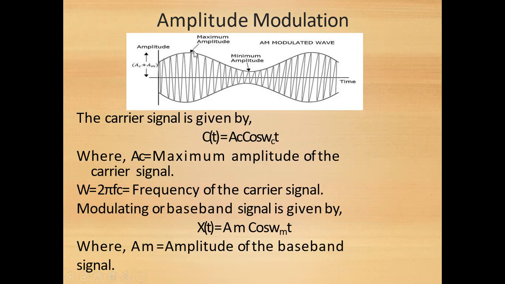Why? Because if we join all the peak amplitudes of this output waveform, you can observe that it looks like the input waveform. So by this output waveform, we can say that the definition is satisfied.